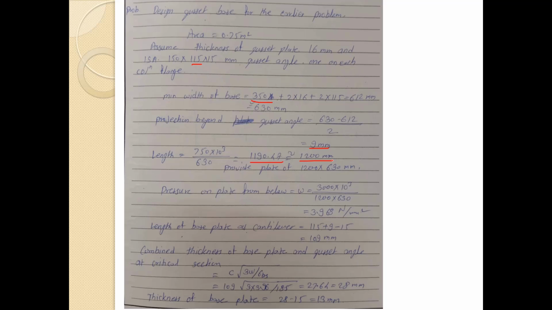Now the length of the base plate as a cantilever. We are taking the moment at the critical section, which is at the root of the fillet of the angle, so 115, which is the length, plus 9, which is the overhang, and minus 15, which is the thickness of the angle, so that becomes 109.